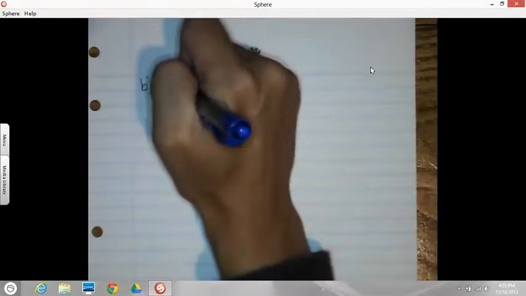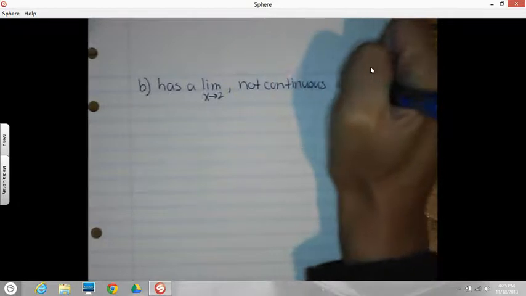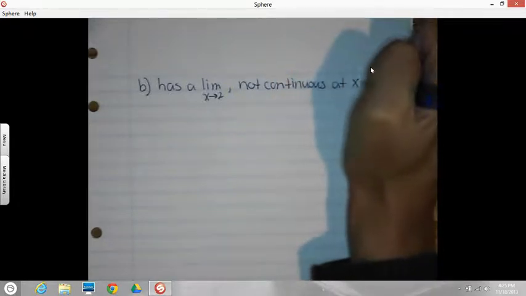This time your function has a limit as x approaches 2. Remember, that just means your 2 fingers have to come together at the same spot. It's not continuous at x equals 2.